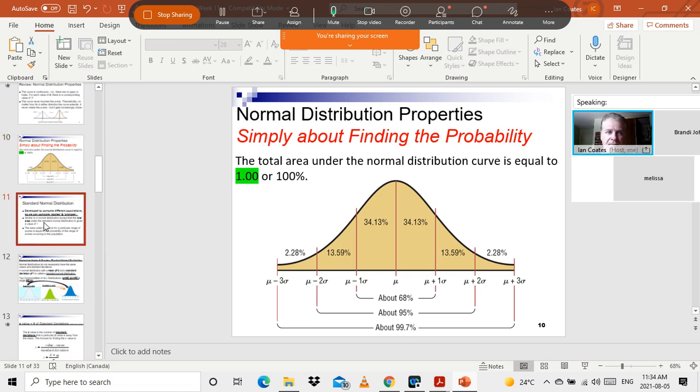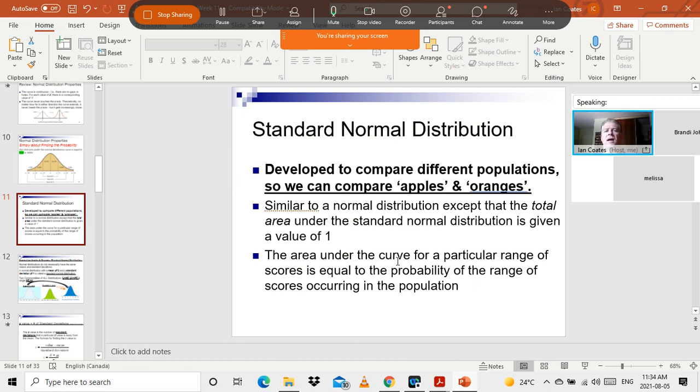So, the standard normal distribution. The whole point of this is so that we can compare apples and oranges. You remember there are two aspects to each of these bell curves. This bell curve has these two characteristics, and that bell curve has the same two. Exactly the same numbers?